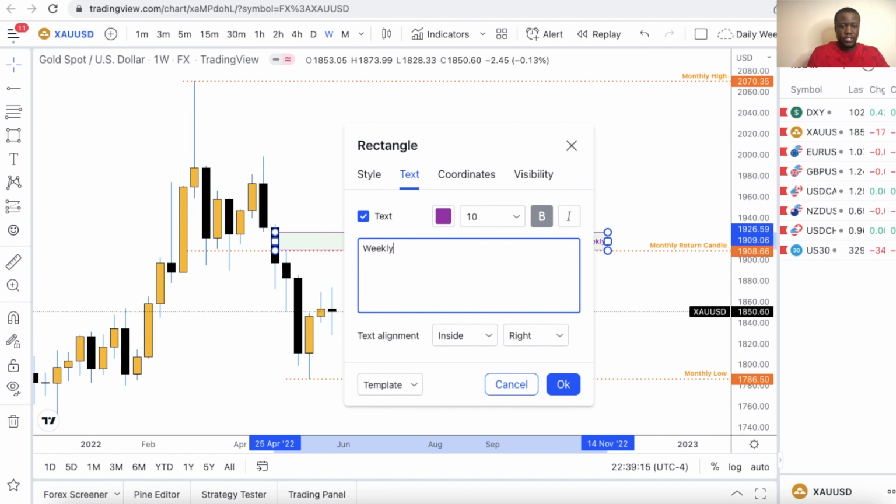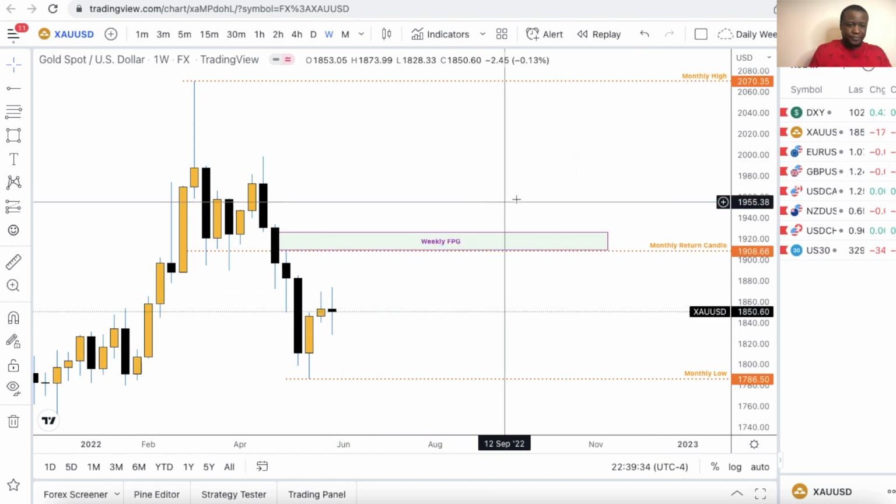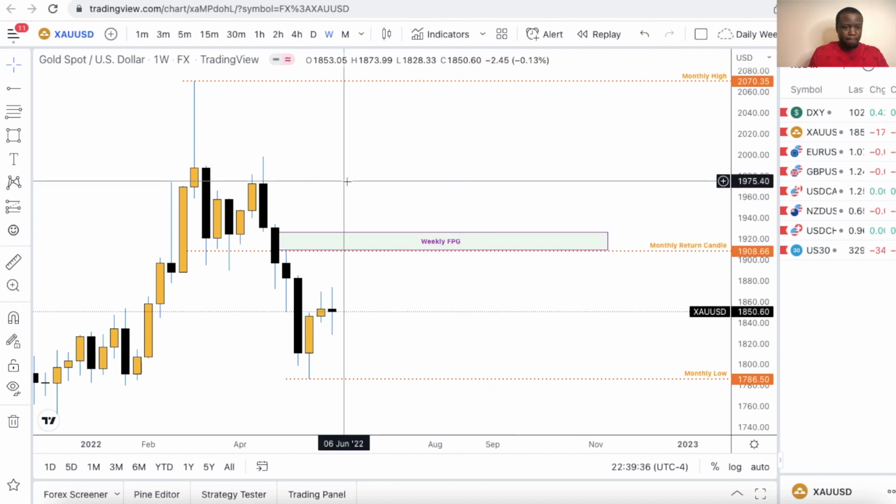Weekly forever paid gap, so FPG. I could put that in the center for the text, center it. All right, so we got that.